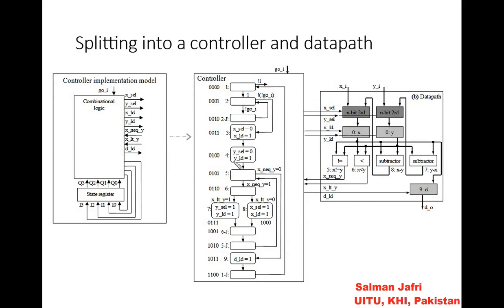That is state 3 and state 4 in the FSM that we drew earlier. So we see that these are separate control signals. X select and X load take care of loading the variable X, and Y underscore select and Y underscore load take care of loading the variable Y. So independent control signals. So we don't need to have two states to carry out these operations. Both operations 3 and 4 can be carried out in the same state. In other words, states 3 and 4 can be merged.